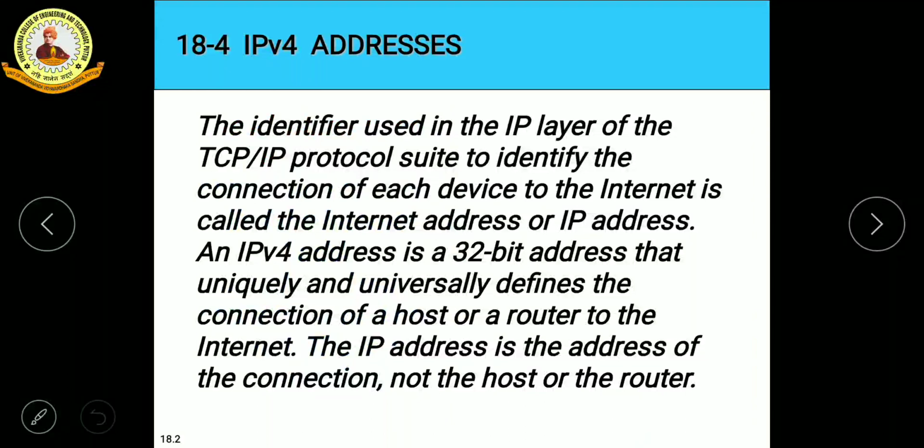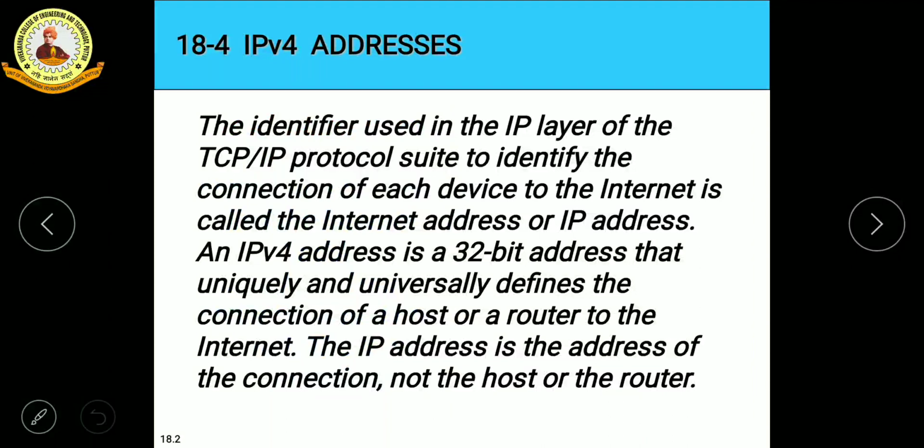In the network layer, we are going to discuss IP addresses. And in the transport layer, we discussed port numbers, which are the identifiers there. So coming to the IP layer or network layer, the identifier will be IP addresses.